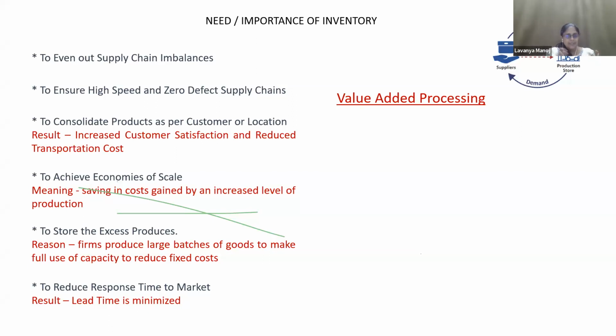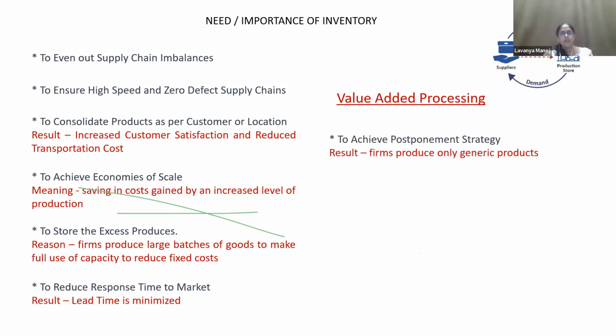In many cases these things cannot be done on the factory floor. Next, to achieve the postponement strategy, which a few companies follow. They postpone the production, the assembling of the product. Only after receiving the order from the customer or the market do they start the production or start assembling the product.